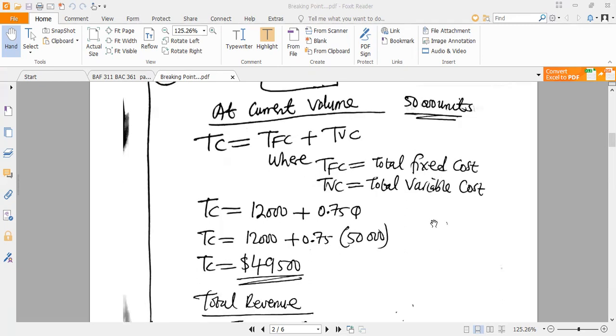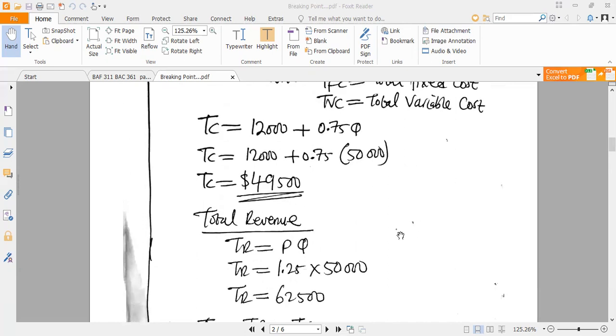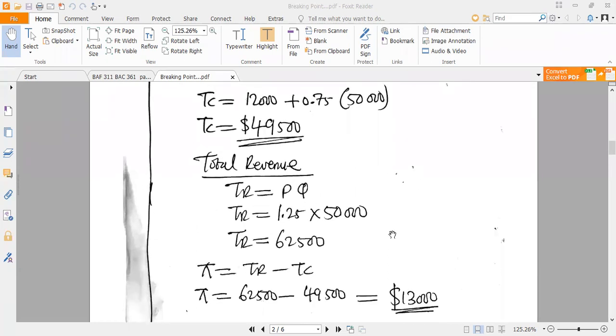Now, let's look at the total revenue at the same current level of production of 50,000 units. Total revenue is equal to the selling price multiplied by the quantity.